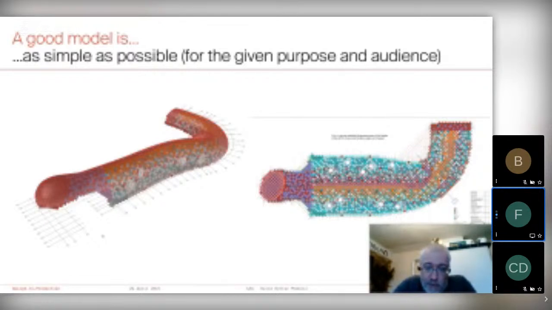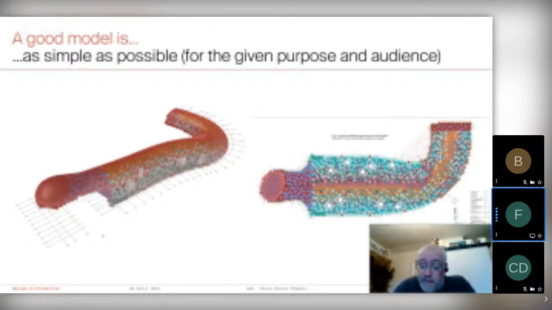The question that is recurring all the time is, do you still need this, or can we dump it? And the same holds true for models. A good model is as simple as possible, but to decide what goes in the model and what stays out of the model, you need to know about the purpose of the model pretty precisely, actually.